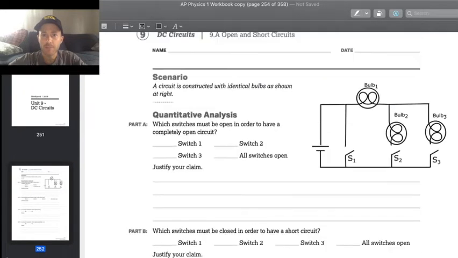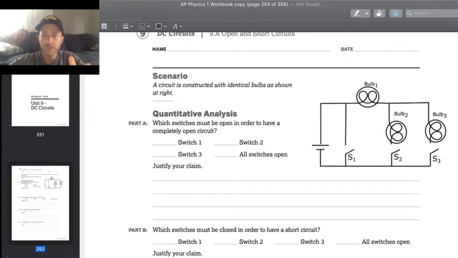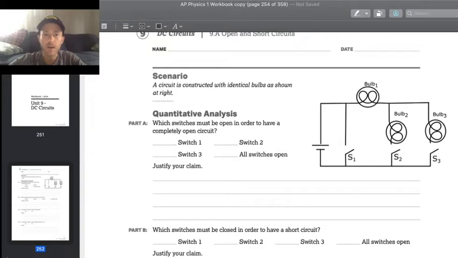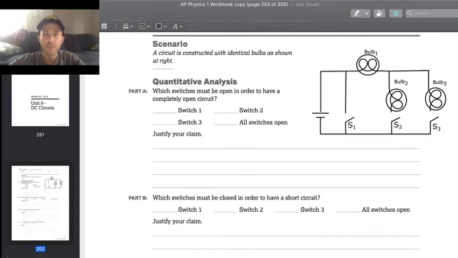The first scenario involves a circuit with some light bulbs, and it says a circuit is constructed with identical light bulbs as shown at the right. Quantitative analysis: which switches must be open in order to have a completely open circuit?